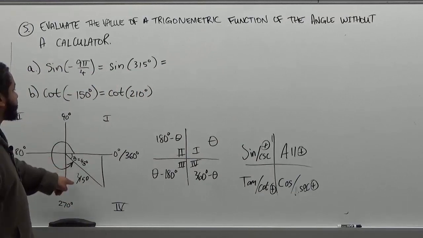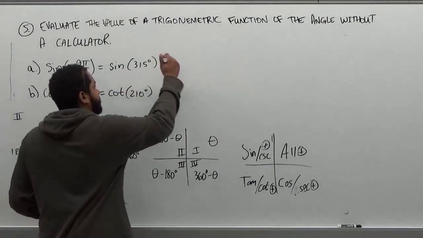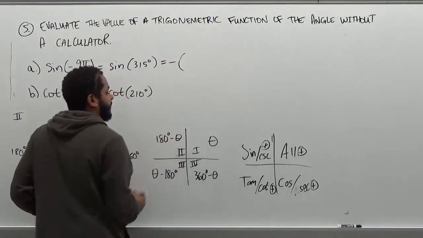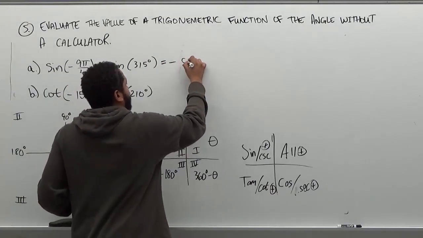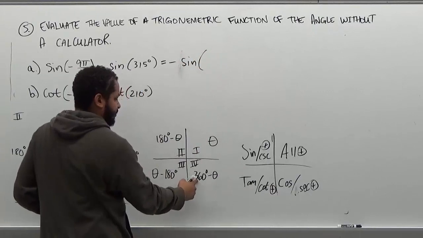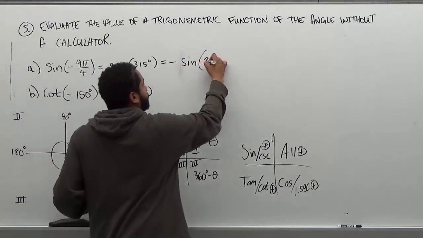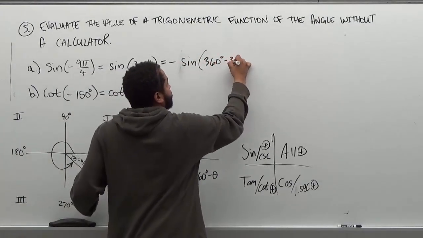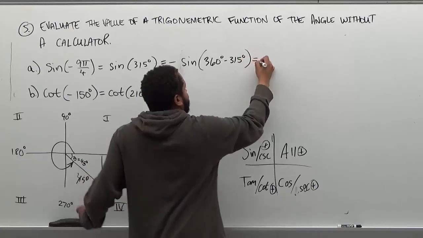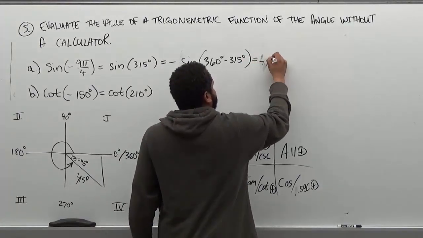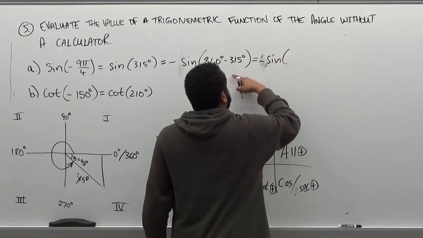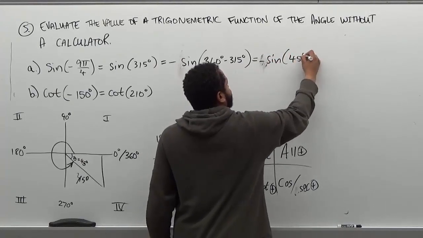And we also know that only cosine and secant are positive in the fourth quadrant. Since our angle lands us in the fourth quadrant, we know sine becomes negative. And the reference angle for this value becomes the sine of 360 minus our angle. And this gives us a negative sine of 45 degrees, right?